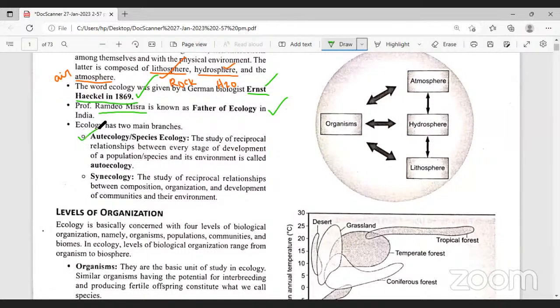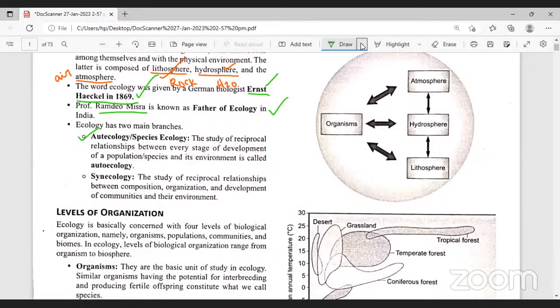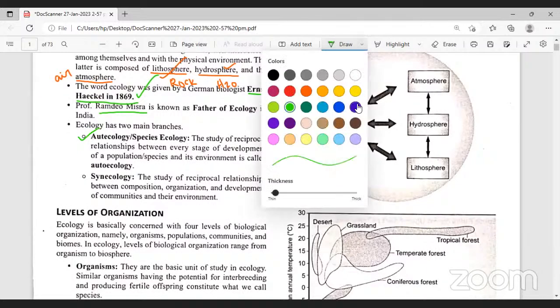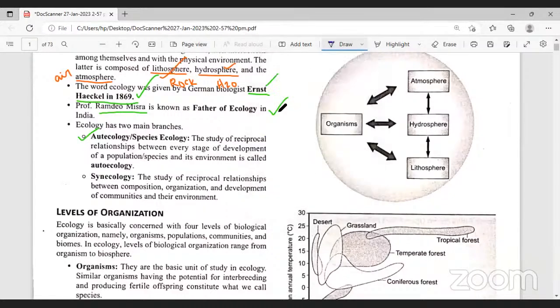And the second one is called synecology. The autecology is otherwise called species ecology. What is the meaning of species ecology? The study of the reciprocal relationship between every stage of the development of a population or species and its environment is called autecology.